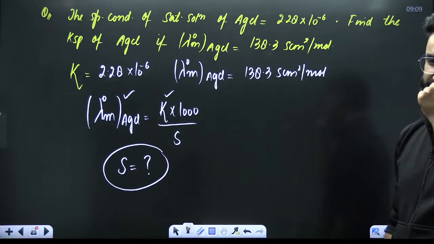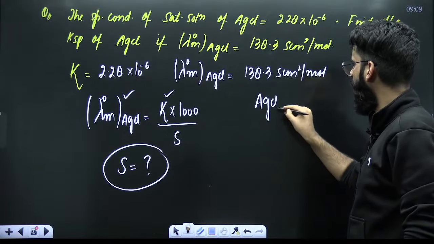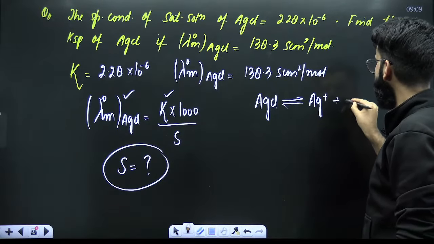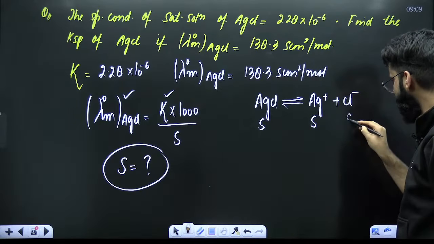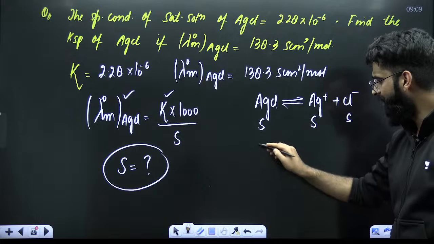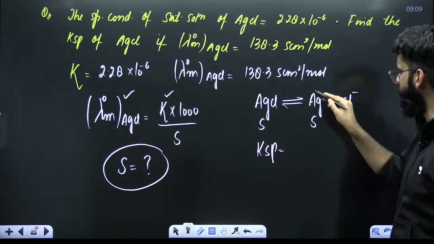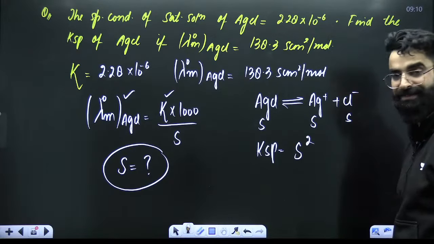Now, my dear students, tell me just one thing. How would this AgCl have undergone dissociation? Ag positive plus Cl negative. If its solubility is S, this will be S, this will be S, correct? Can you write the KSP expression here? KSP is going to be the concentration of Ag+ raised to power 1, times the concentration of Cl- raised to power 1. So that's going to be S squared at the end.